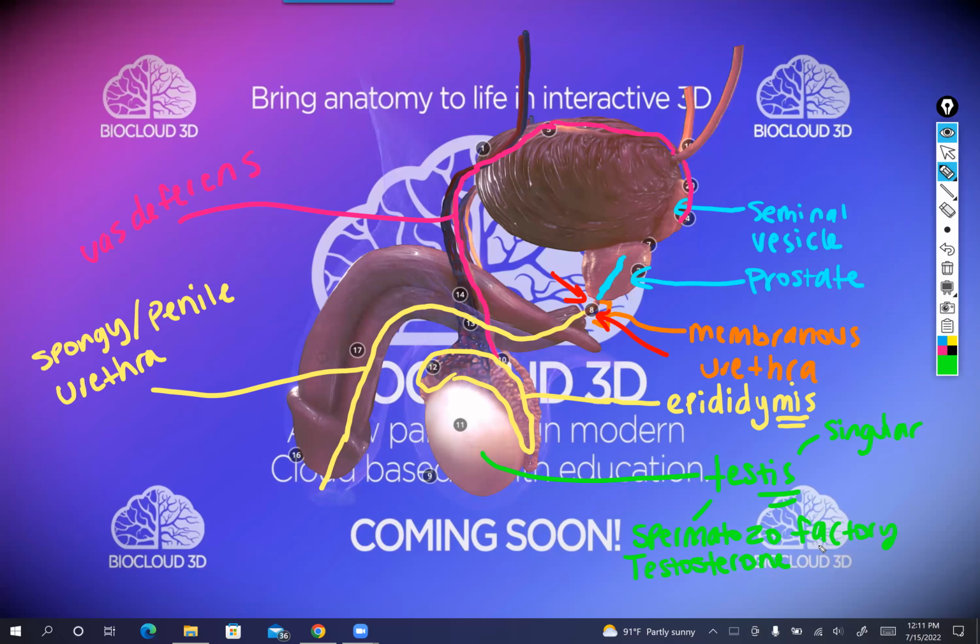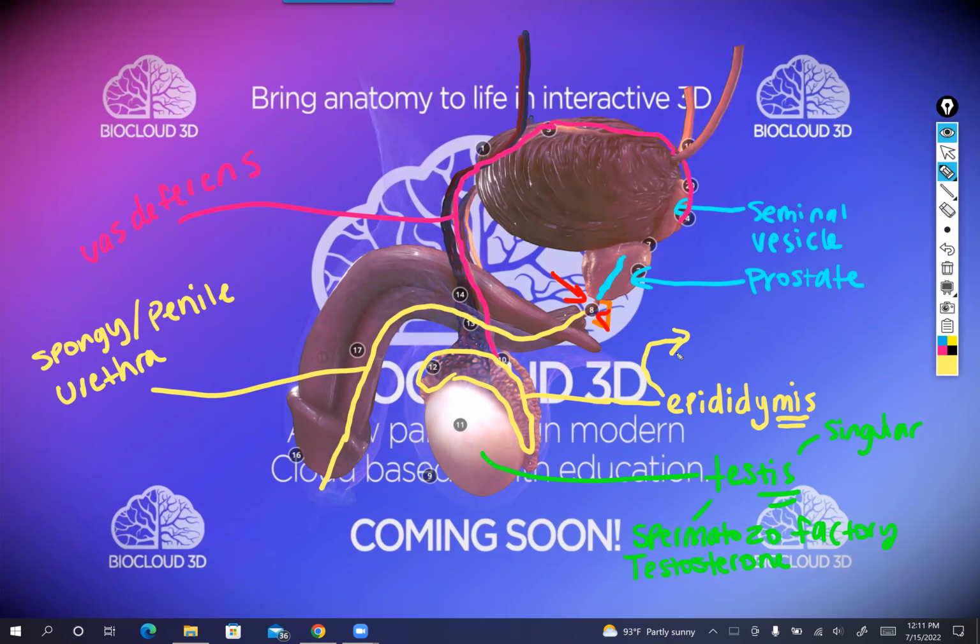But ultimately, the location where testosterone is being synthesized is in the testis.